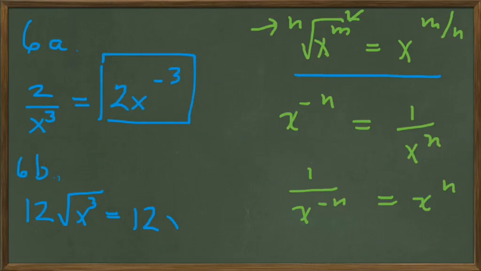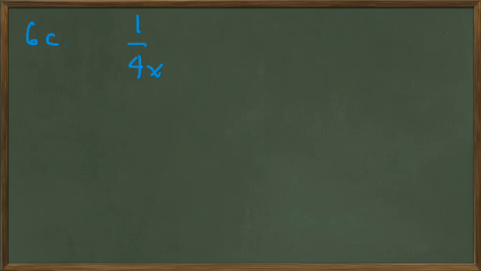The power on the x is 3, and the root is 2. So the power goes in the numerator, 3, and the root, square root, goes in the denominator, 2. So this 6b is 12x to the 3 halves. For 6c, we want to move the x up to the numerator as x to the minus 1. And so there we have that one done in just one step.